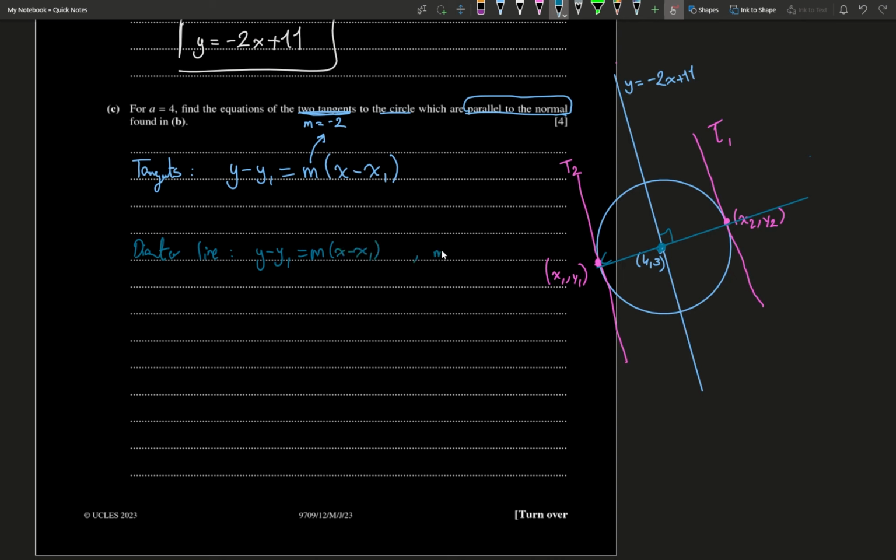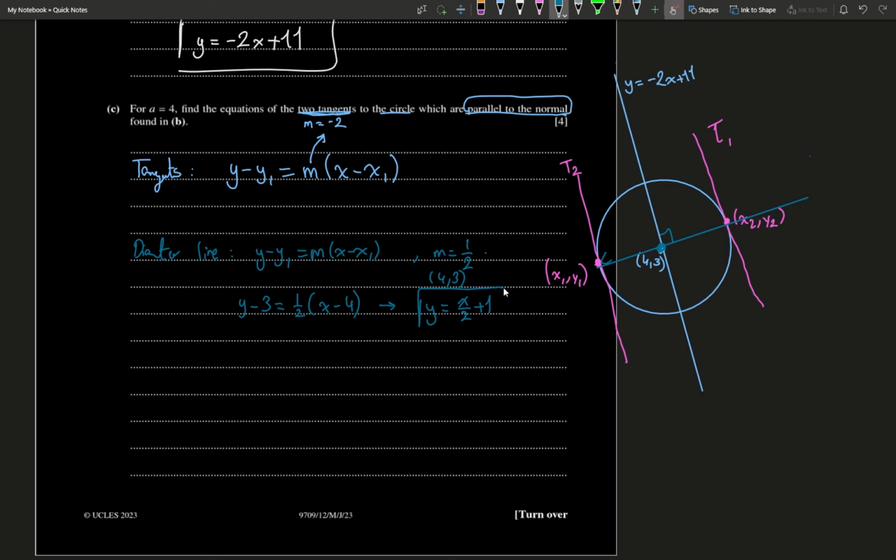We know that m is equal to the negative reciprocal of negative 2 اللي هيكون half. والcoordinates هتكون 4, 3. Just substitute your values. هيطلع لك y minus 3 is equal to a half multiplied by x minus 4. هيطلع لك your straight line equation is y is equal to x over 2 plus 1.